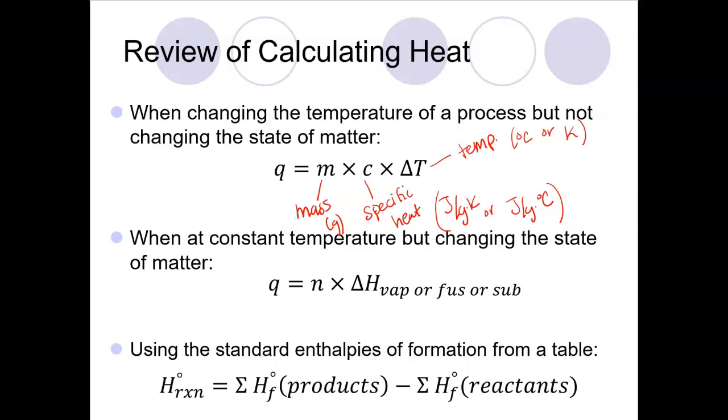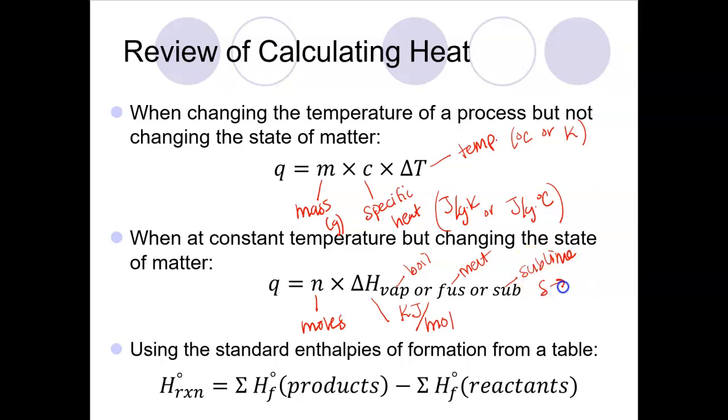So our second equation is Q equals n, which typically stands for moles, times delta H of vaporization or fusion or sublimation. This is a constant that every chemical has, typically in units of kilojoules per mole, that tells you how much energy it takes to vaporize or boil, undergo fusion, which is melt, or sublime.